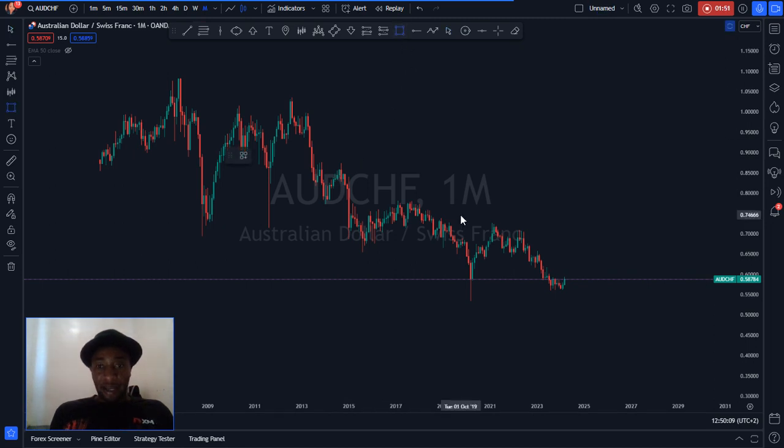Okay, but again, by looking at this structure, you can also see something that looks more like a double bottom, because if the candle body didn't really close below that point, I can make use of it as a kind of double bottom.